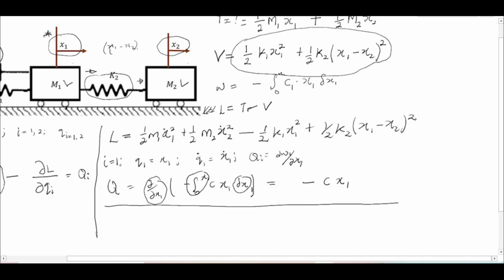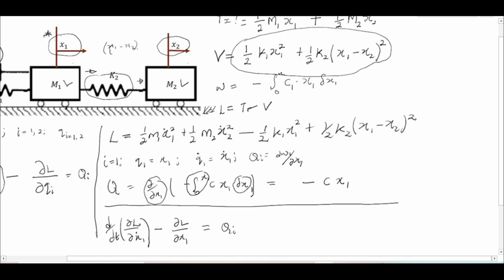To continue, we also need to find other terms. And to find the equation proper, let's recall our Lagrange equation as it applies to this first generalized coordinate. We have d dt of dL over dx1 dot, that's q1 dot, minus dL over dx1, that's q1, is equal to Qi.